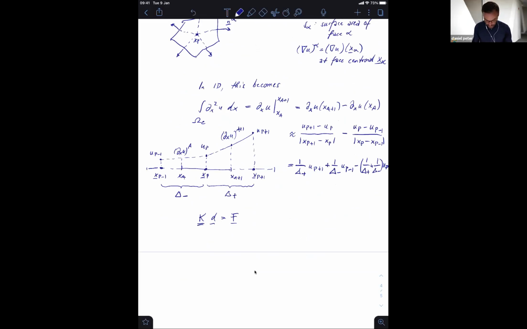And if we look at these expressions, we see that we would have something like a term where we have 1 over delta minus.